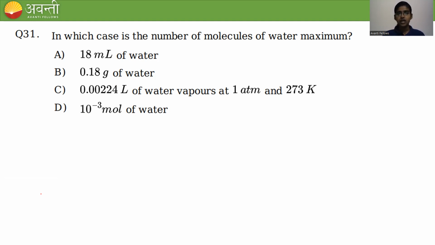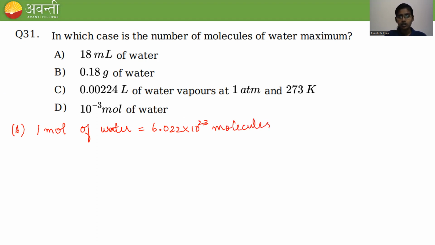So we are asked to find out the number of molecules. Only if we find out the number of moles, we can get the number of molecules. So let me go with the first option, option A. 18 ml of water is given. 1 mole of water contains Avogadro number of molecules, which is 6.022 into 10 to the power 23 molecules.